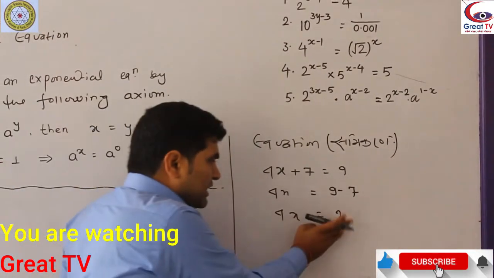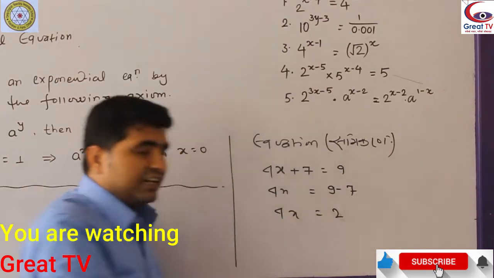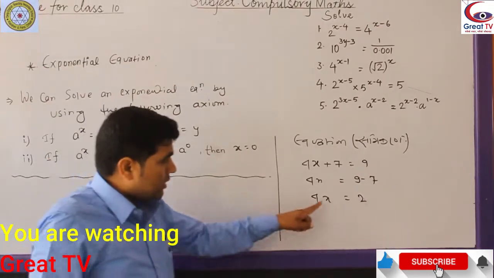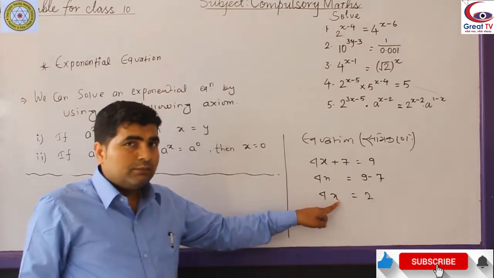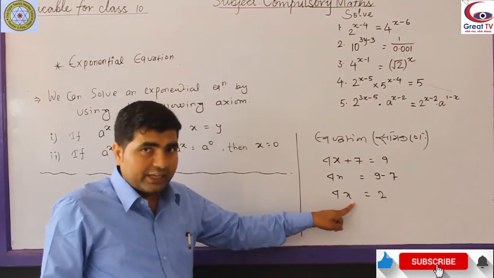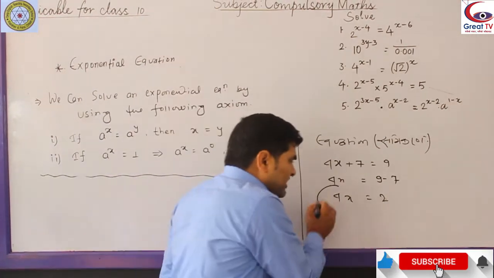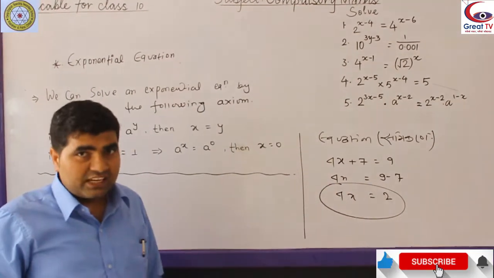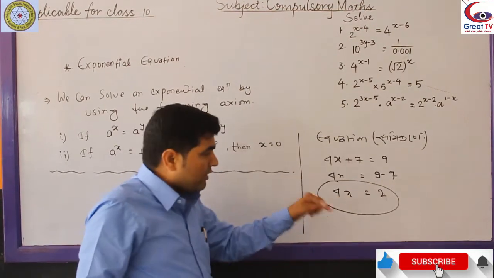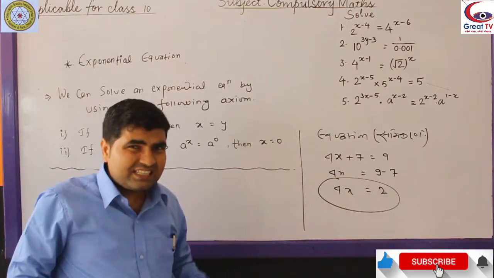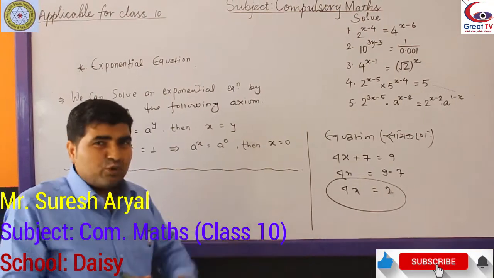This is a linear equation, a first degree equation. Here x is the unknown variable and 4 is its coefficient. This is not an exponential equation, only a linear equation, because it has no power. If it has a power, only in that case can we say it is an exponential equation.